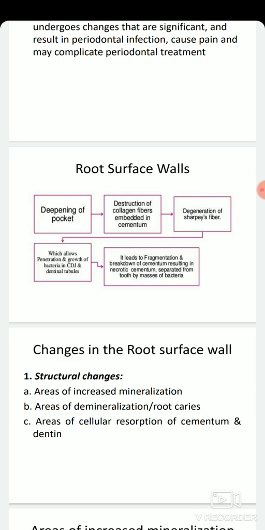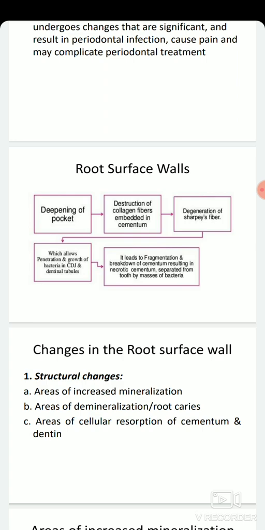So collagen remnants of Sharpey's fibers in the cementum undergo degeneration, creating an environment favorable to penetration of bacteria. It softens the cemental surface and makes the environment favorable for penetration of bacteria.